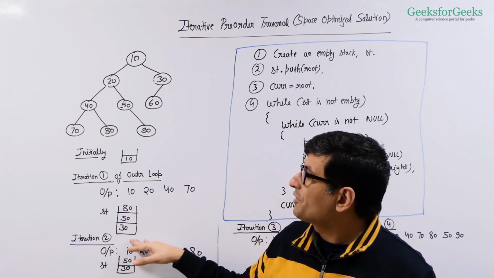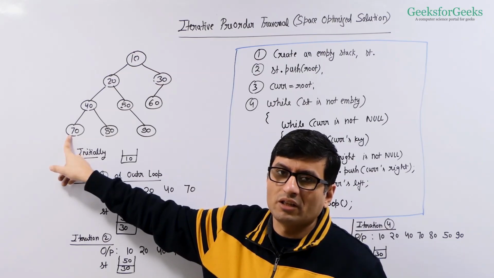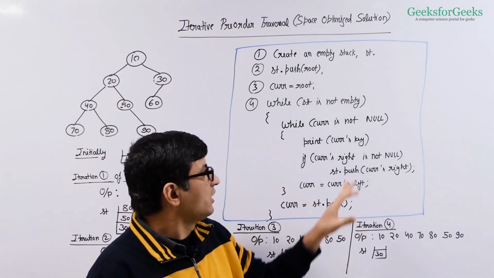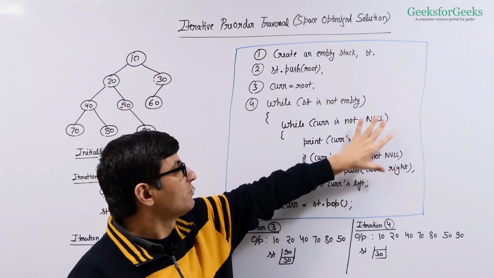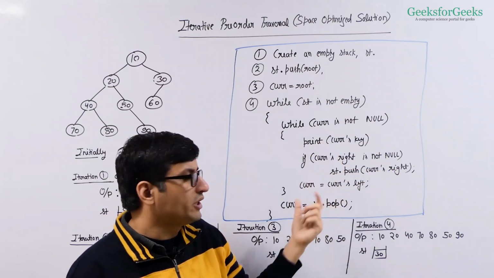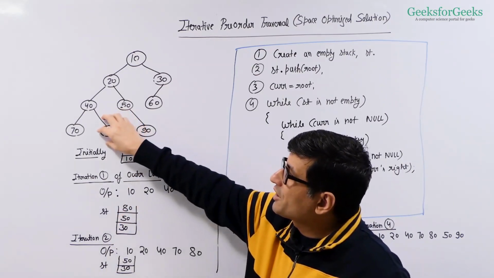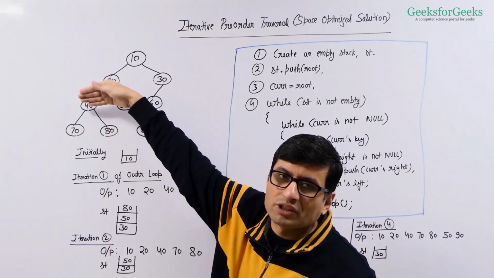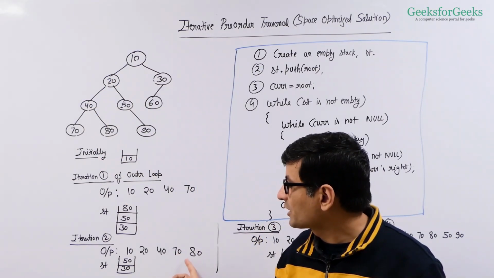Now when we reach 70, we notice that 70's left is null. So we come out of this inner loop when we run it for the next item, because current is null. So we come to the else part. In the else part, we simply take out the right child of the previously processed node. So we get 80 from the stack.